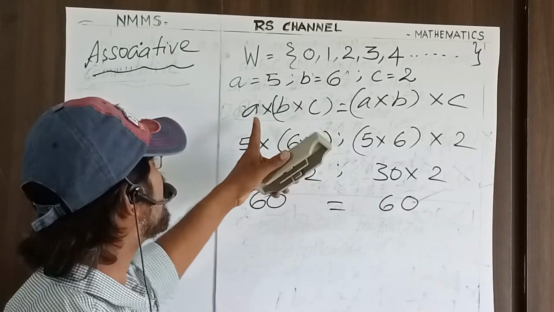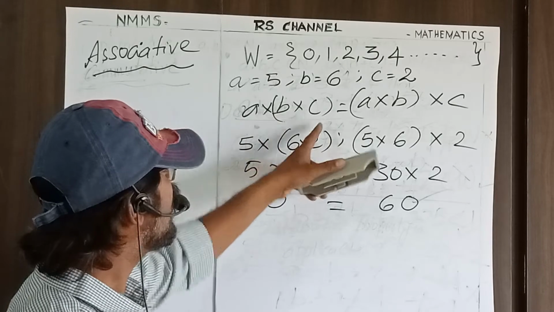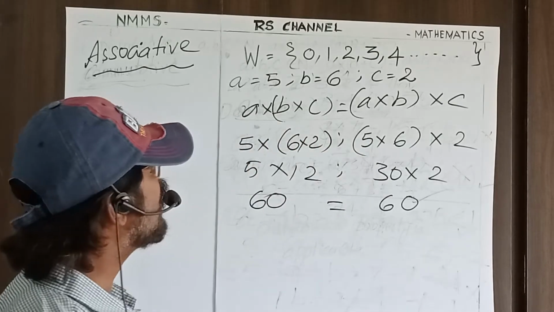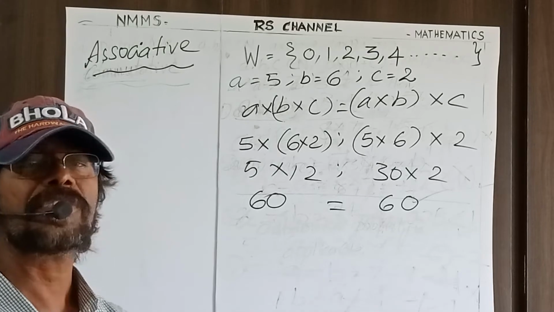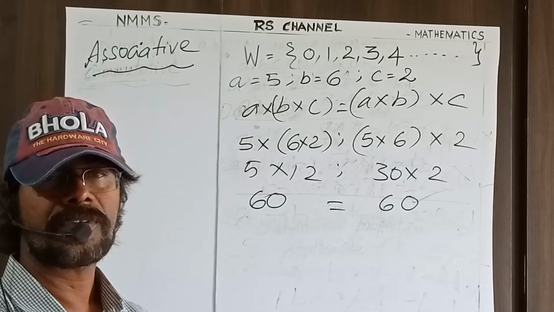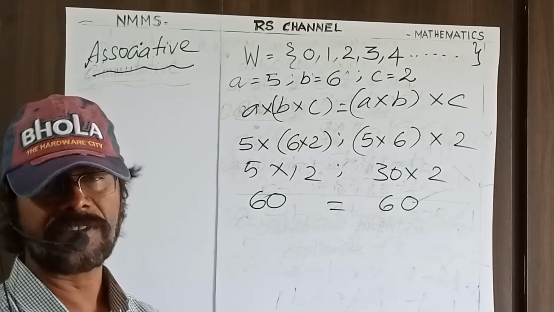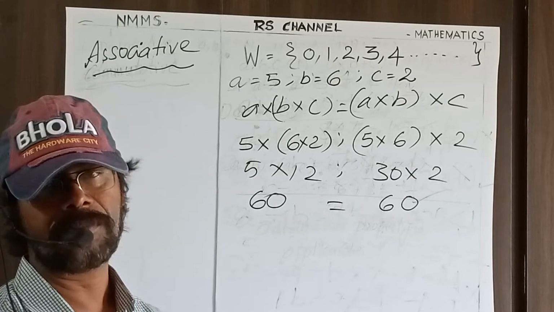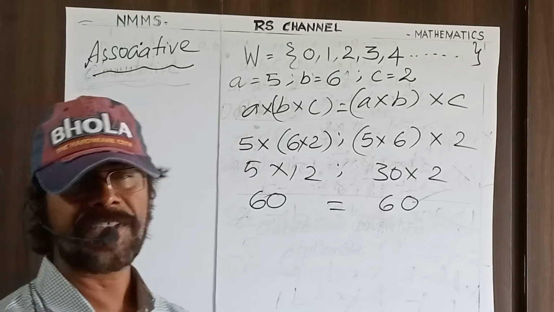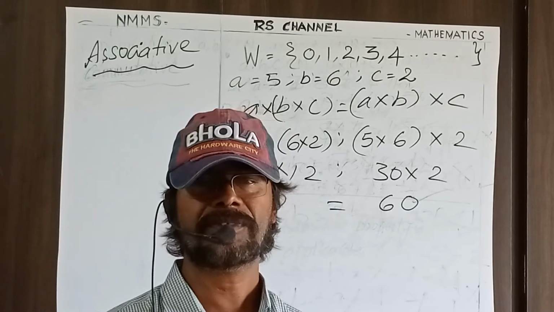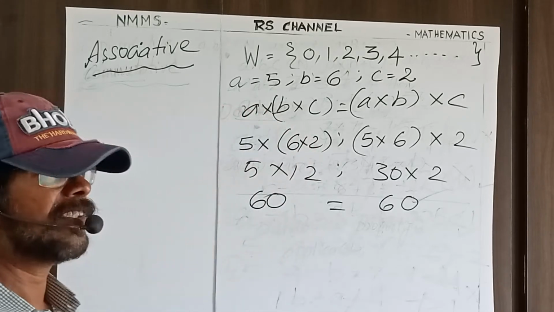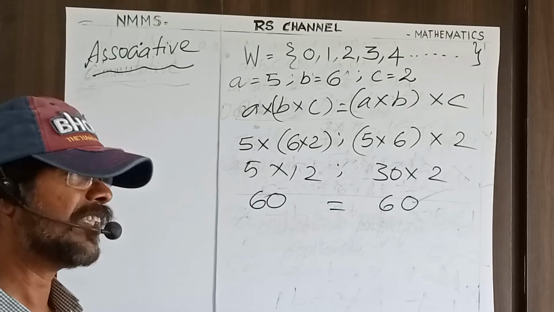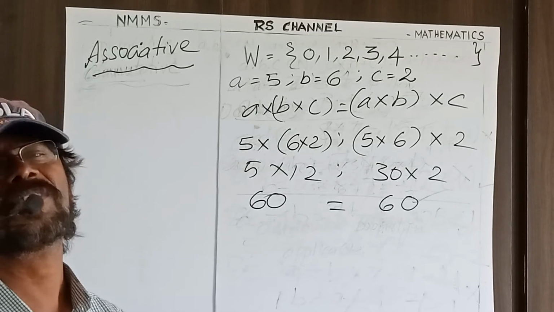It means that A into B into C is equal to A into B into C. So this is associative. So multiplication is associative in whole numbers. Addition is associative. Multiplication is also associative. Already we know subtraction is not associative.